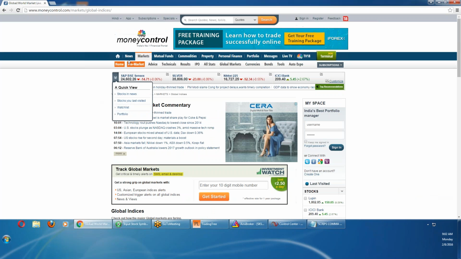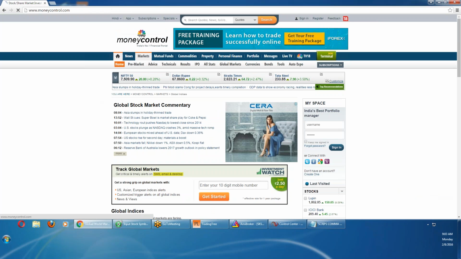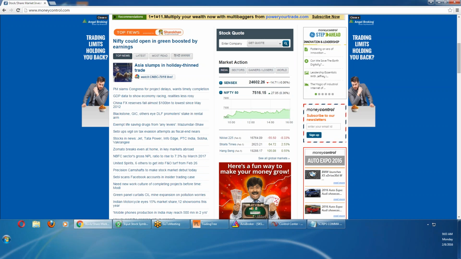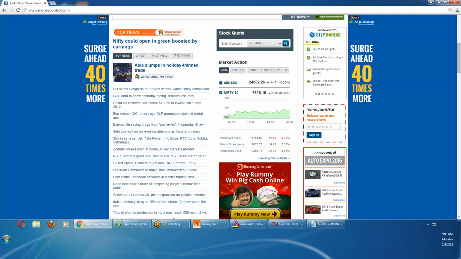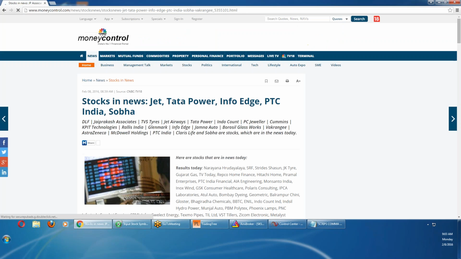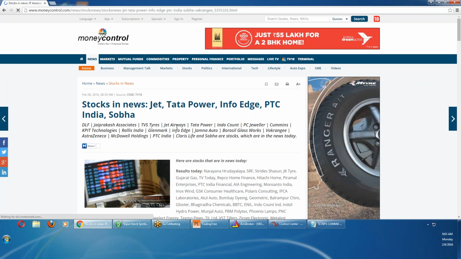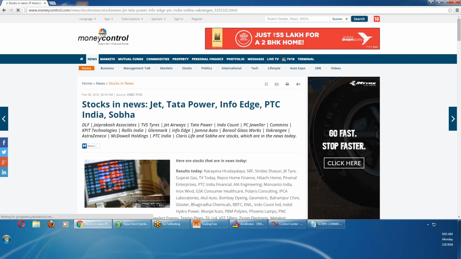Other than this, in Moneycontrol you'll even get stocks and news. DLF, JP, TBS, Jet Airways, Tata Power, PC Jewelers, Comments, KPIT are getting into the F&O segment from Feb 26.